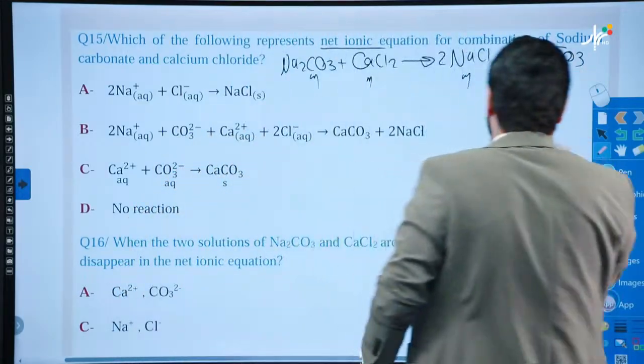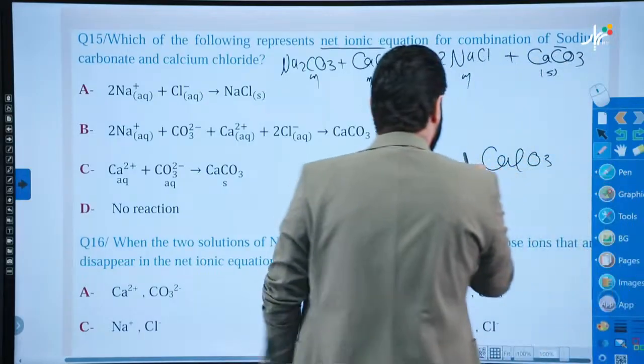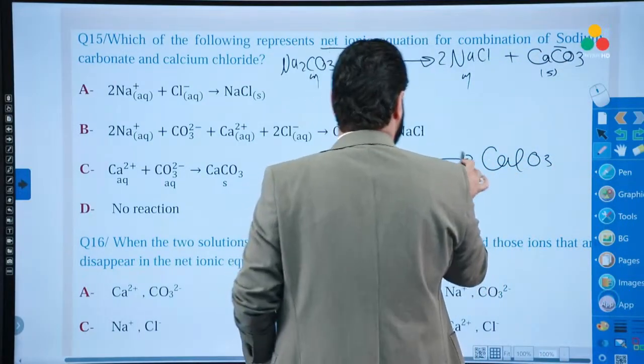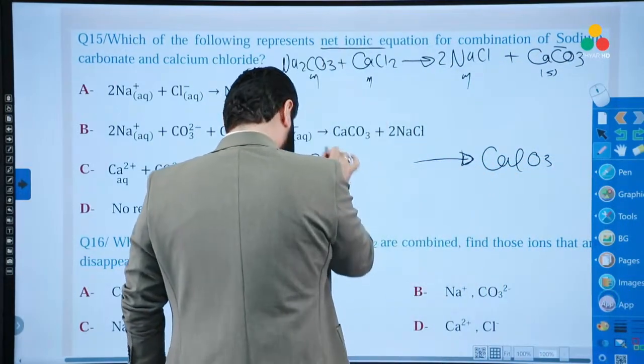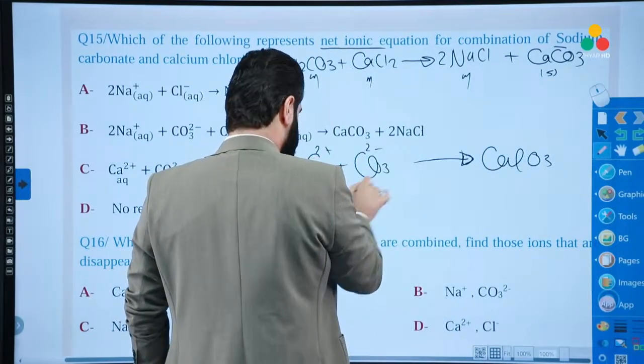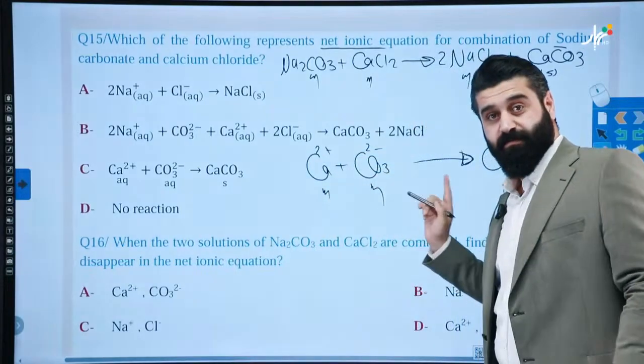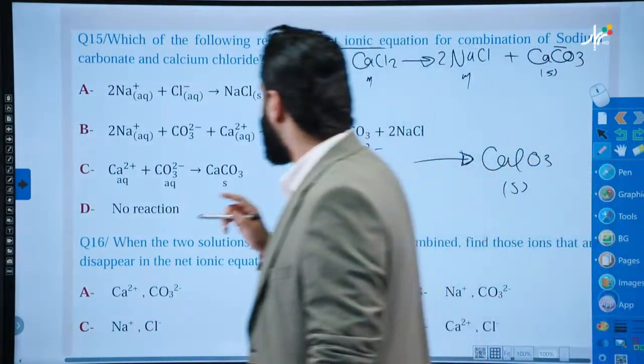So bring the solid substance here, which is CaCO3 for the product side, and then have the ions for the reactant side, which are Ca2+ and CO3 2-. AQ, and solid. So now which of the following is this? Okay? Everything is clear right now.